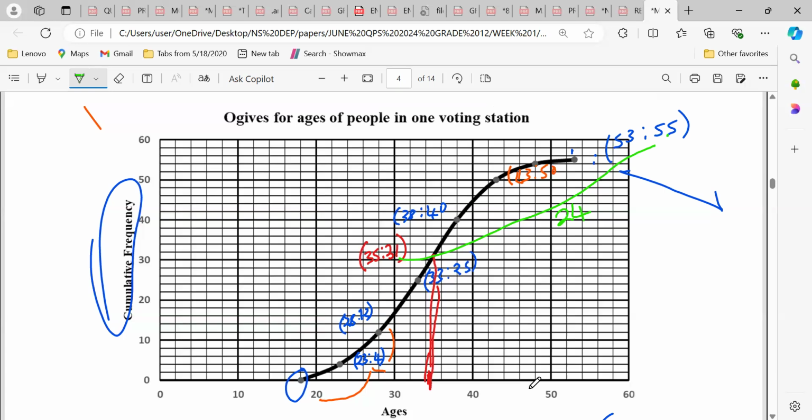Again, they wanted people who are 35 years or older. So are we not supposed to be including point 31? Because the person number 31 is also 35 years old. Mr. Lillard, 55 minus 31.